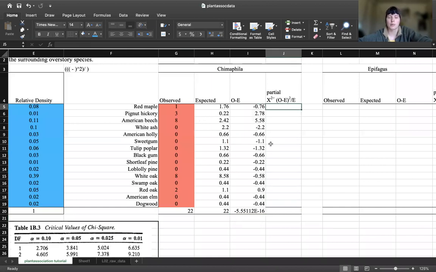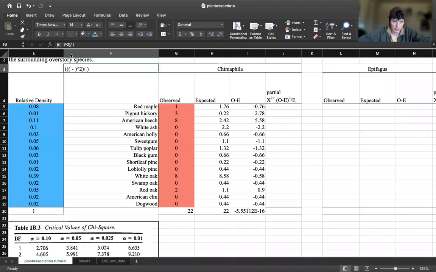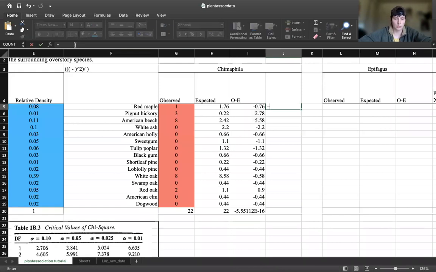And then we're going to go and do the partial chi-square, which I have right here listed the formula that you can use if you want to go through and you add the equal sign and then paste that and then insert each value.